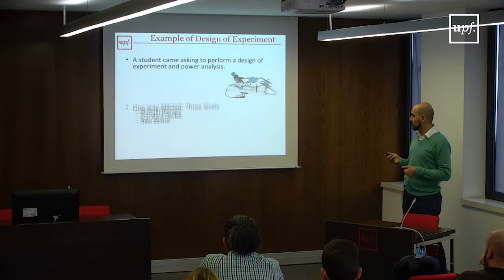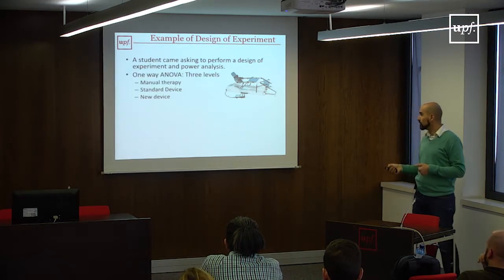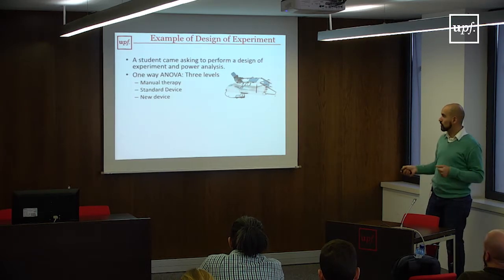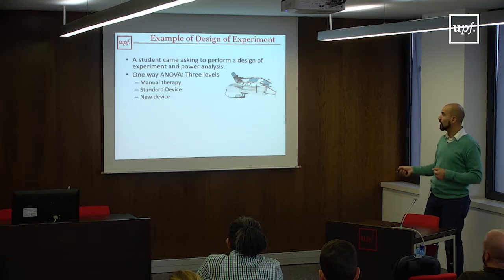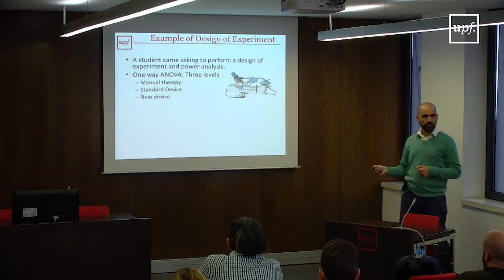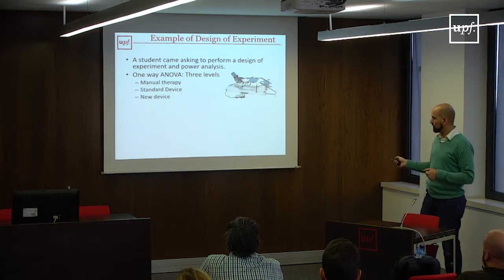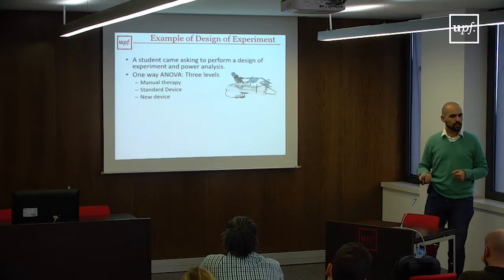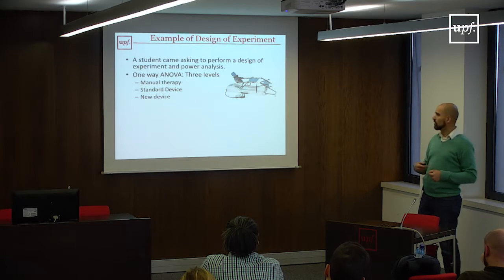So this was the kind of study. And actually, they were doing a one-way ANOVA with 3 levels. There was the manual therapy, there was the standard device that you can buy, and there was a new device that they were trying to develop.